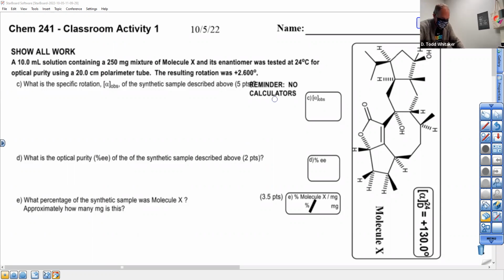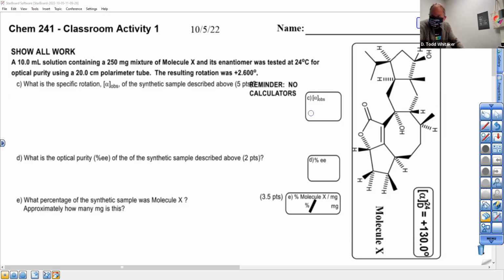If you get a wrong answer here, and you know it's wrong, don't stop. Invent an answer less than this number. That's the maximum rotation you can have for a pure molecule in this question. So just invent an answer with the same sign as in the question. Say you know you screwed up, so invent like plus 13, which would be a nice number.